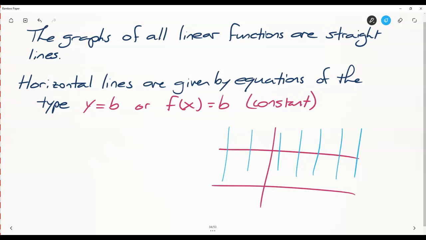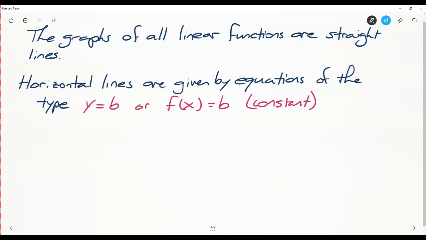Don't count where it hits the axis. Count where it hits the graph. It only hits the graph once. So horizontal lines are functions. Let me back up and get that out of the way, because I need that room. So horizontal lines are functions.